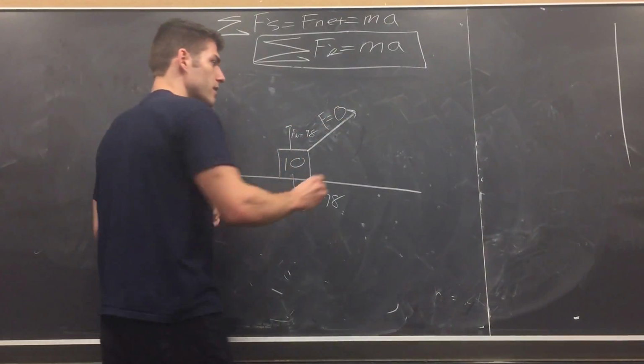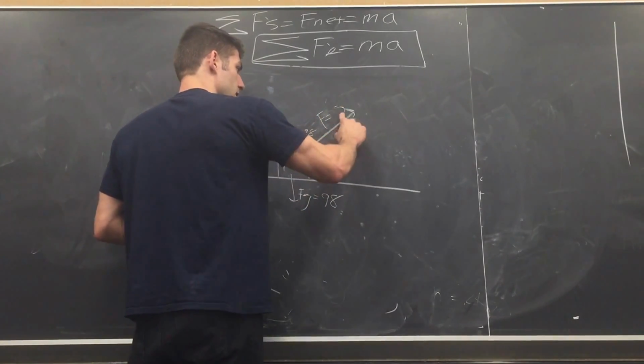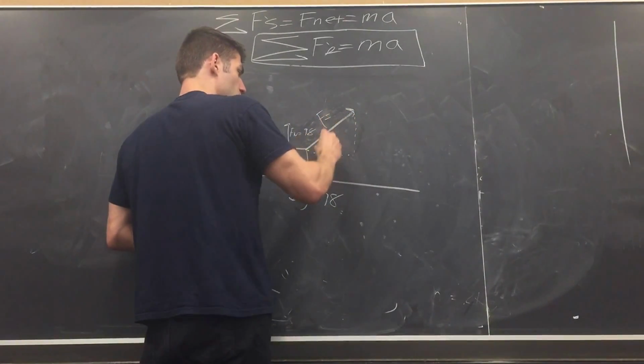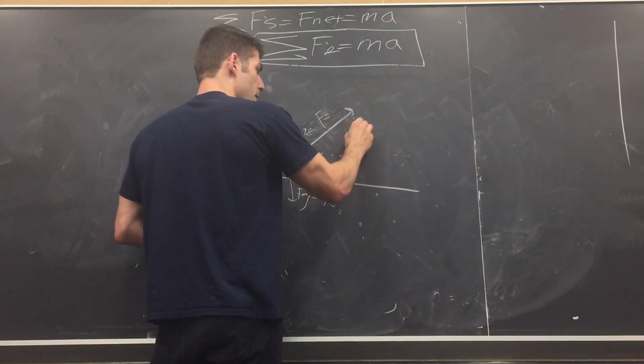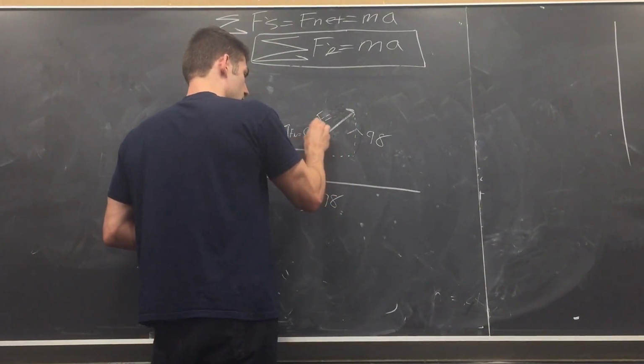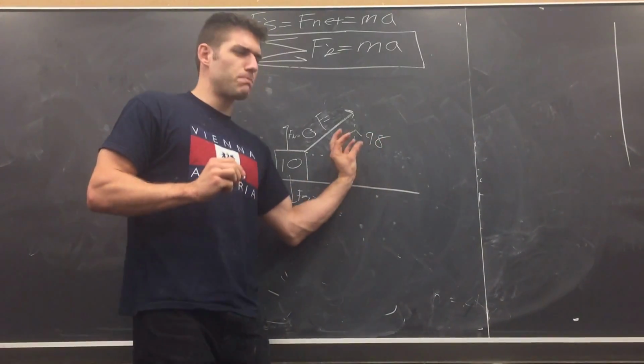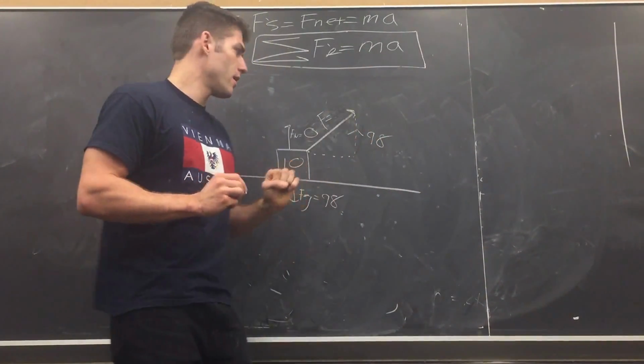So what we're going to do is assume we're pulling now with some force. We don't know what it is, but we know that its y component is 98, because that means this is 0. And if it's 98 or 98.00001, it's just barely going to start going up off the ground.